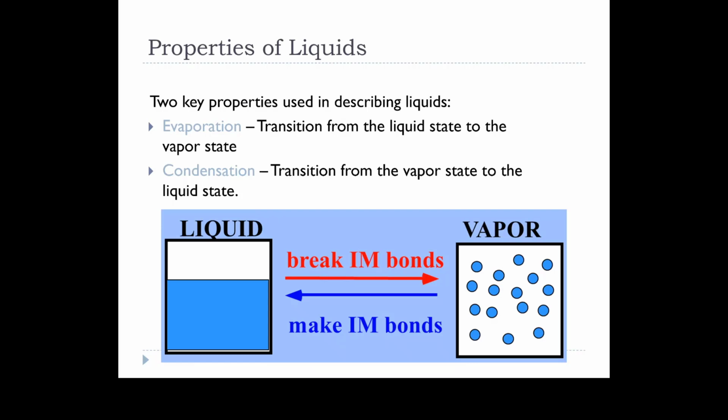It's a balance between how strong the intermolecular forces holding these things together are versus how much energy I have from the temperature of that thing right now, right? So again, the hotter it is, the more energy there is, the faster those molecules are moving, the more energy those molecules have, versus how much energy is holding them together, right?